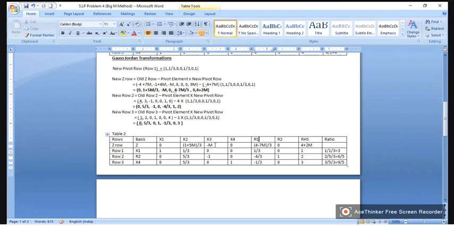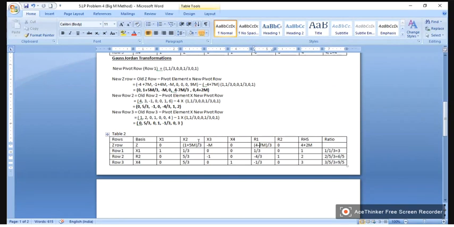x3 has a negative value, and R1 has also a negative value, because -4 minus 7m means it is very, very big, so we'll get a negative value only.